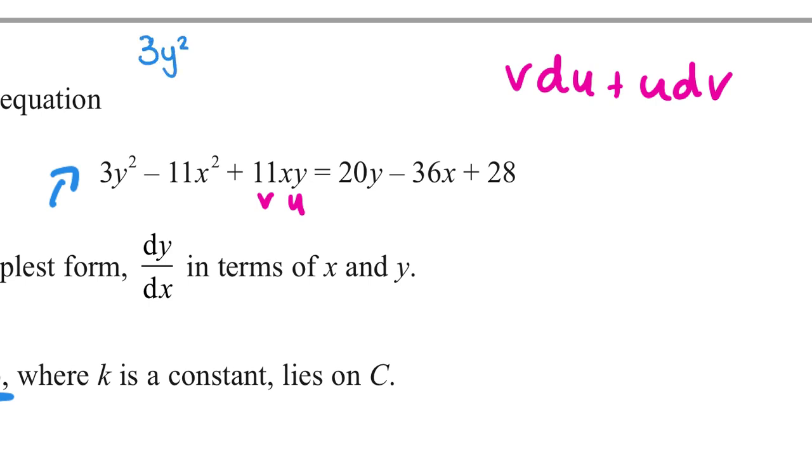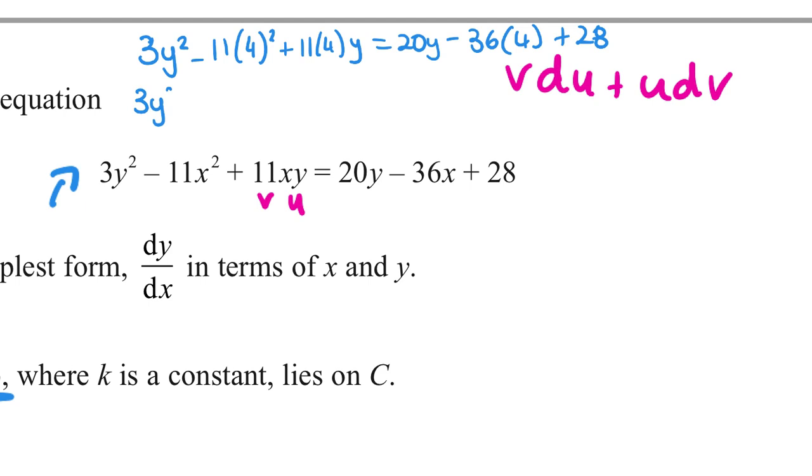3y squared minus 11 times 16. Well, it's 11 lots of 4 squared, isn't it? Plus 11 lots of 4 lots of y equals 20y minus 36 lots of 4 plus 28. So what we're going to have, y squared, is going to be 3y squared.